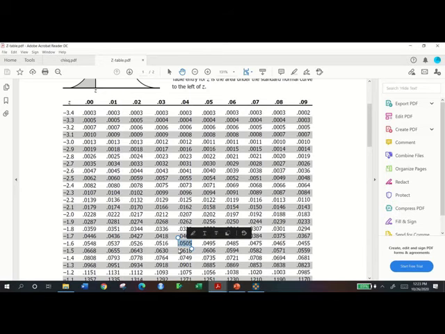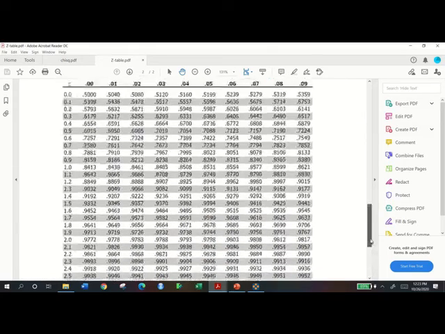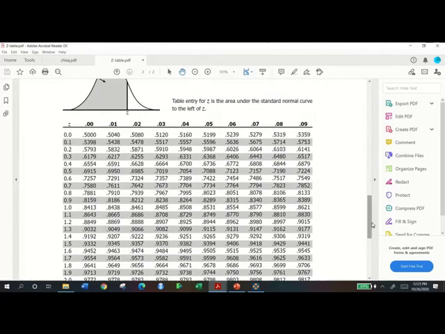Between 0.0505 and 0.0495, halfway between, we have 1.645. Of course, we can do it the opposite way, which would have been to do 1 minus 0.05, which would be 95%, and we would still get 1.645.